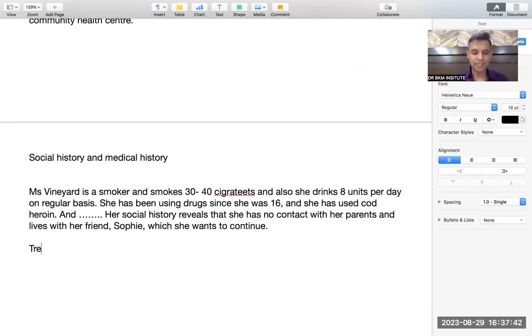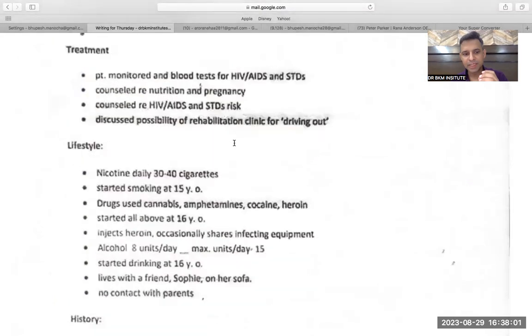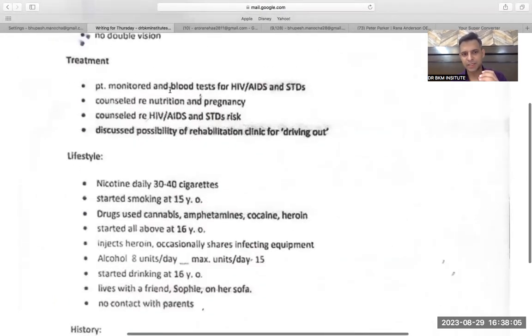Now the treatment that you offered, third paragraph. So you say during her stay, she was, now you will use the past tense because the treatment has already been provided. So the patient was monitored, blood tests were done.